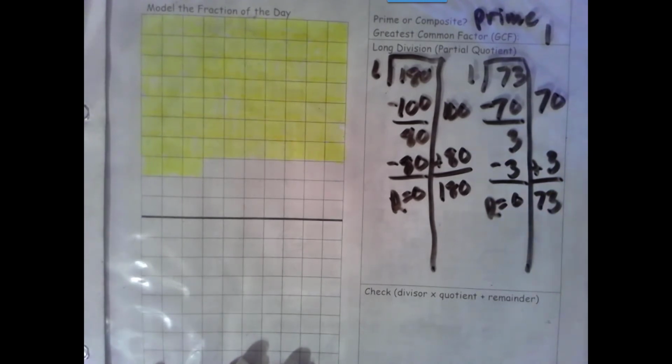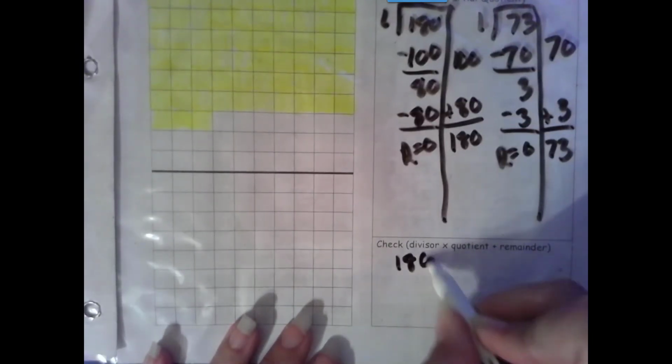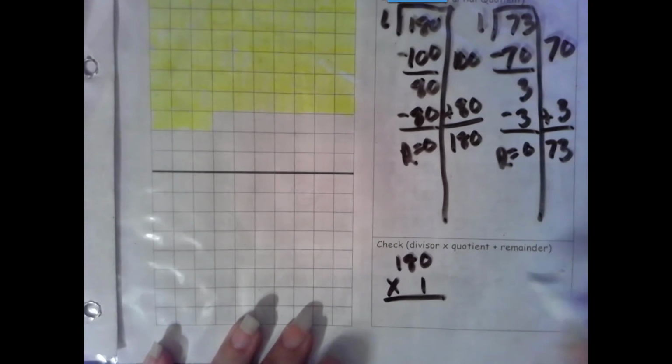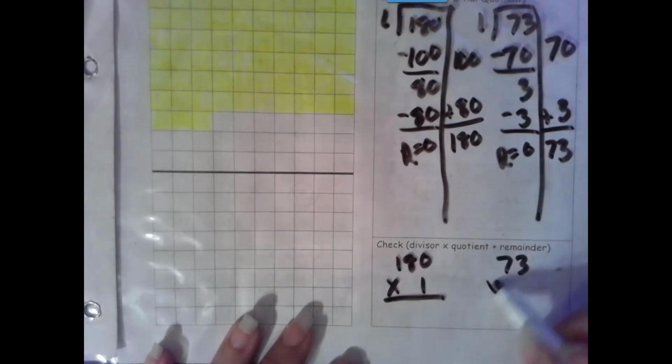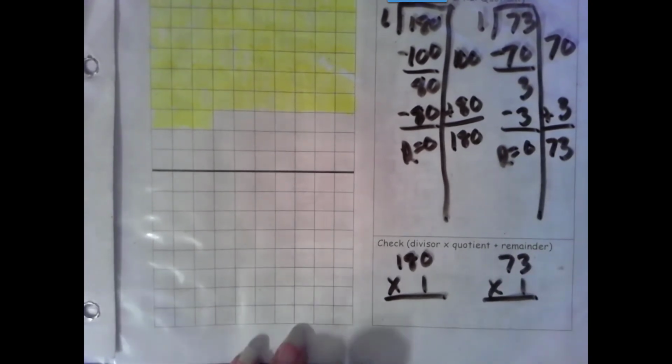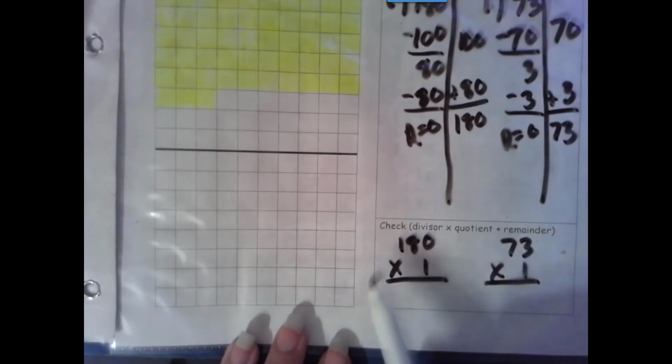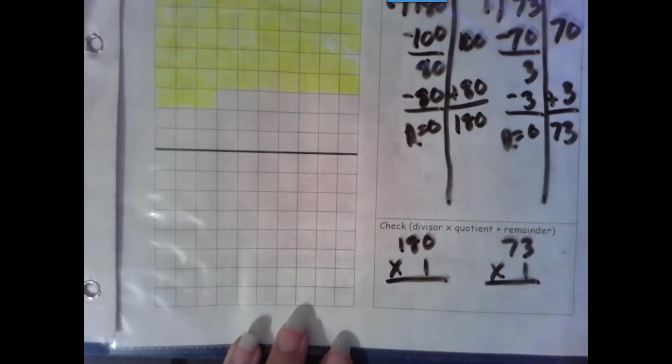Let's still check. Divisor times quotient plus remainder. Since our remainder is 0 and the identity property of addition says when you add 0, it stays the same, I'm not going to add 0. But what I end up with here, and why they end up the same, is I have the identity property of multiplication. That says when you multiply by 1, it stays the same.